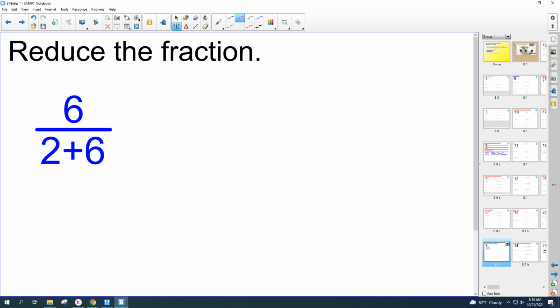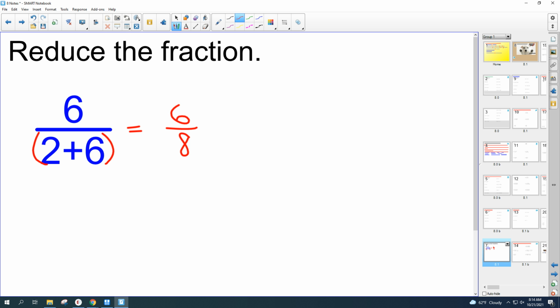What you're going to have to do is say, well, 2 plus 6 right here is 8. And so really what we've got is the fraction 6/8. And we can reduce this, and you might know how to reduce this in your head, but why it reduces has to do with a common factor.